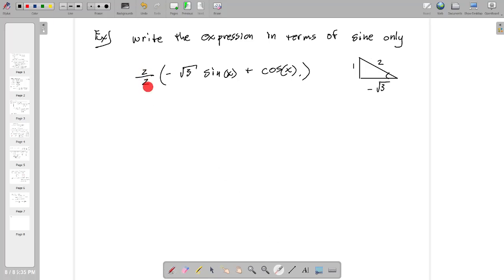Again, this doesn't change the value of the expression because we're multiplying by a value of 1. If we multiply the denominator in, essentially dividing both of these by 2, we end up with 2 times negative root 3 divided by 2 sine of x plus 1/2 cosine of x.